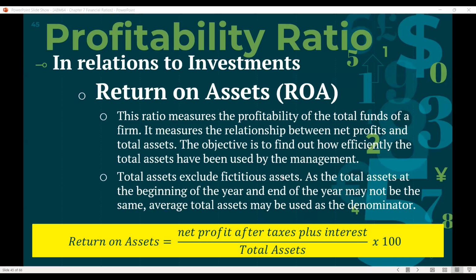So example for fictitious assets are katong dili siya tinuod, such as trademark, kanang anything na dili nimo siya magunitan, dili siya tangible ng mga assets, okay? Such as trademark, mga patents, and so on and so forth. So excluded na siya here.